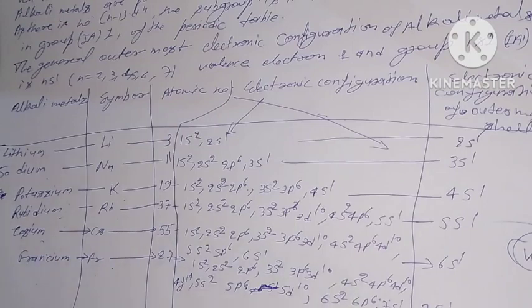Next we study the general properties of alkali metals: the chemical properties and the physical properties.